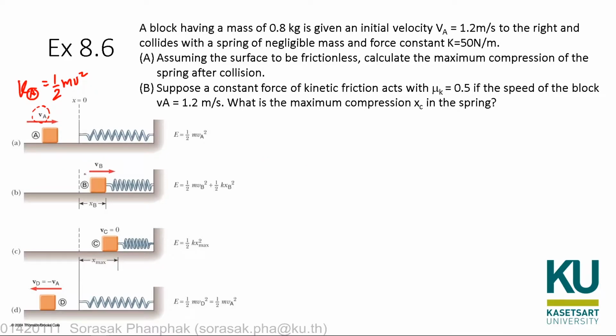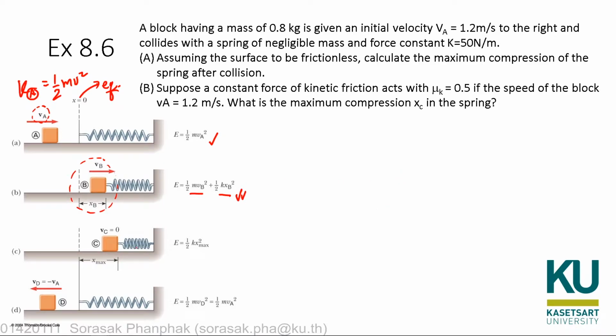And this energy is going to transfer to position B, where rather than only kinetic energy, it will have both kinetic energy and elastic potential energy as well, since the spring is compressed by xb from the equilibrium position, zero.